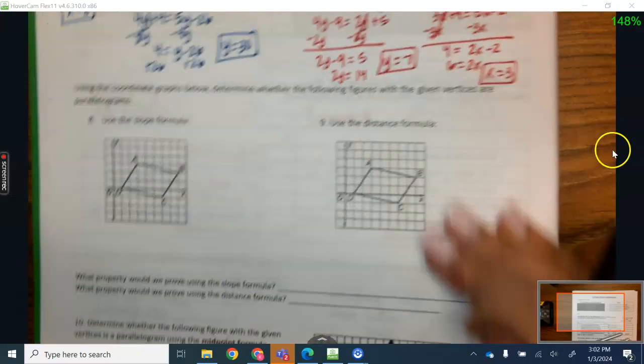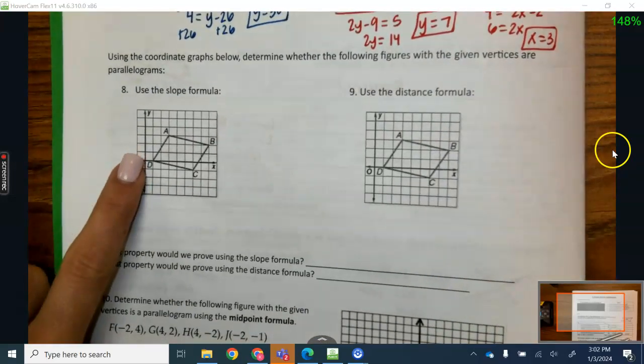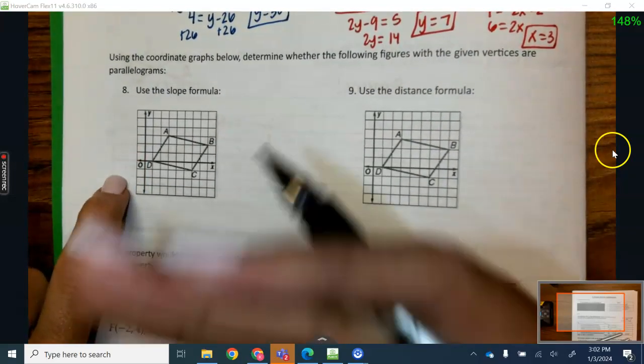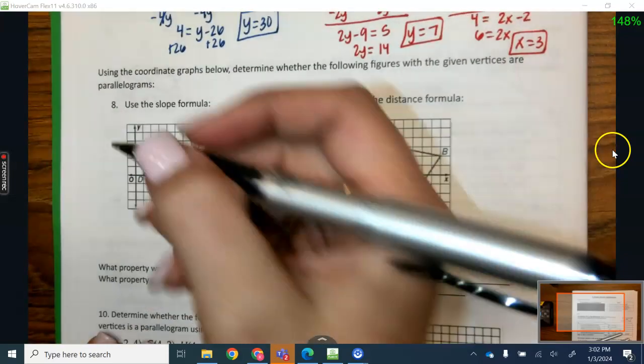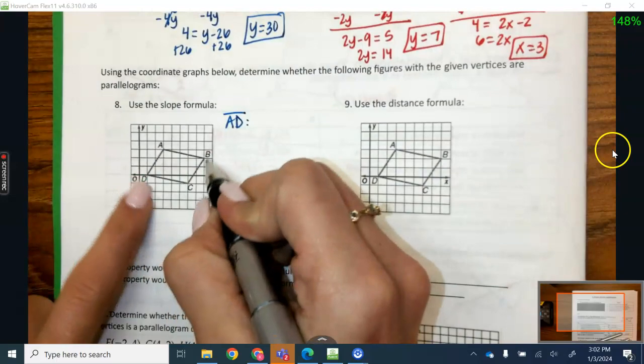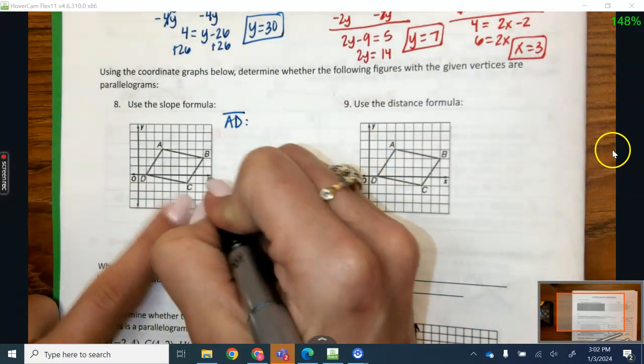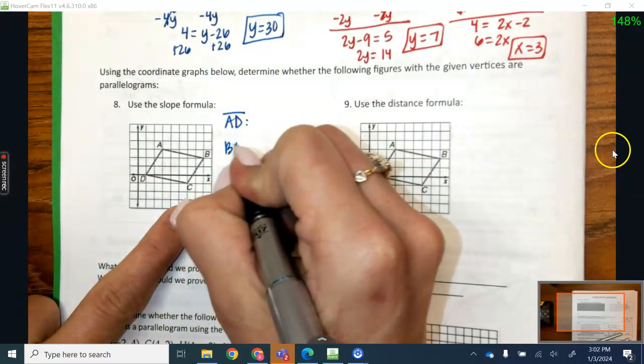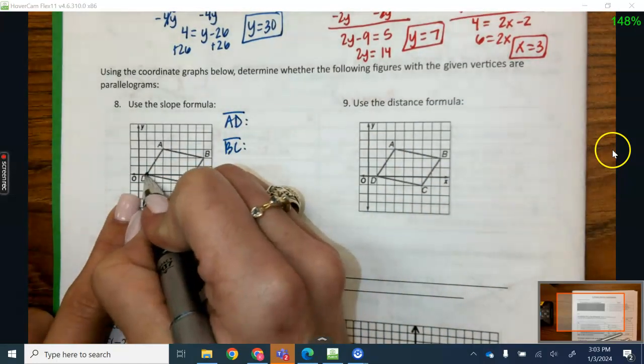So if I can only find out if lines are parallel, perpendicular, or neither using slopes, then that means I need to prove, are my sides parallel? So if I just start with side AD and I find the slope, AD should be parallel to the opposite side, BC.